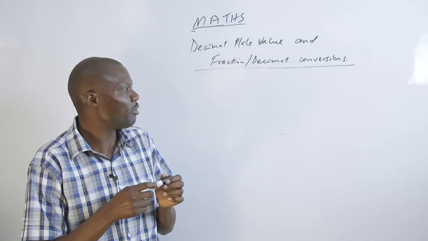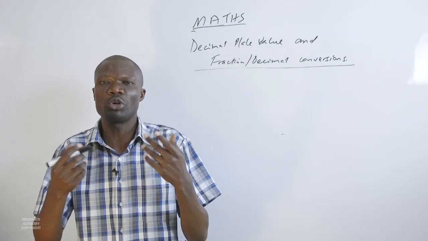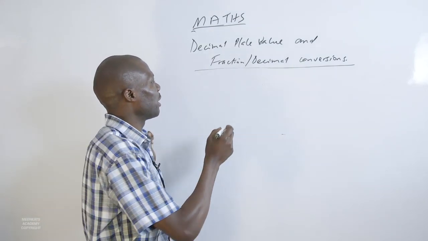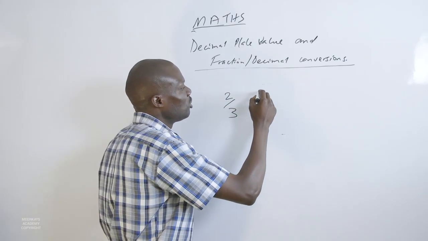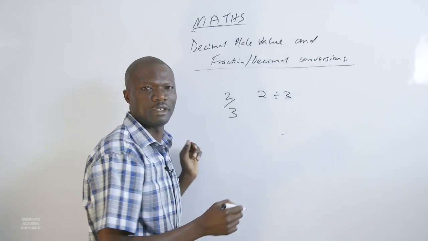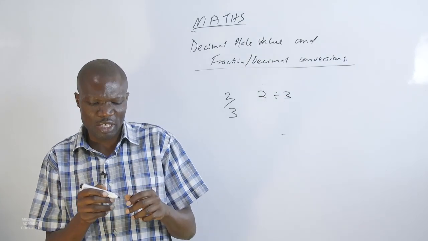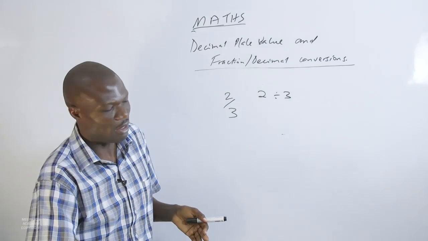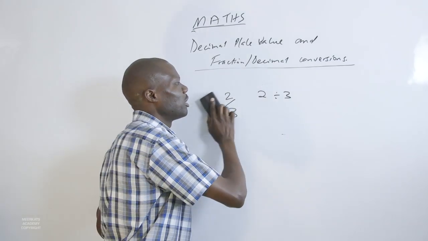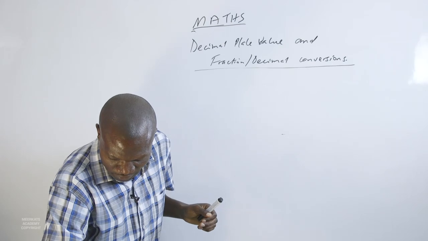We say a fraction means division. It's a quotient. When you have a number like 2 over 3, it is the same as 2 divided by 3. So the most commonly used way to convert fractions is by simply dividing.